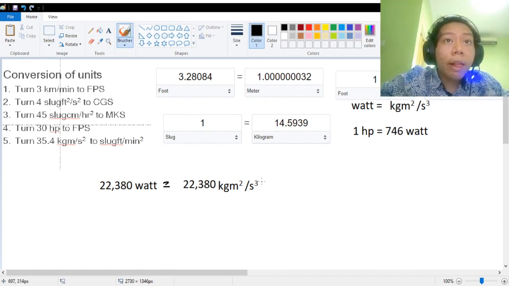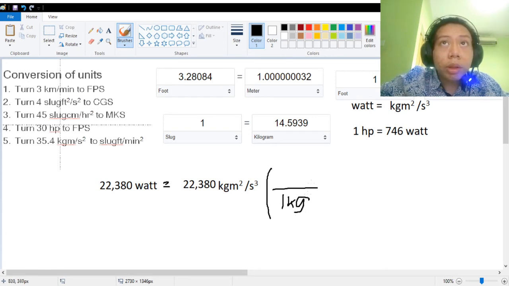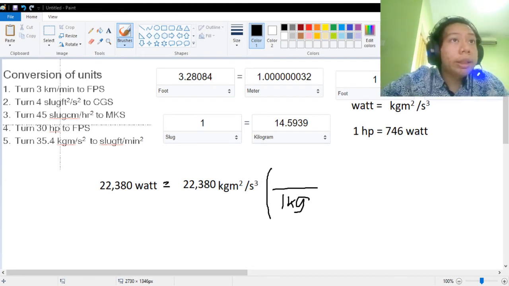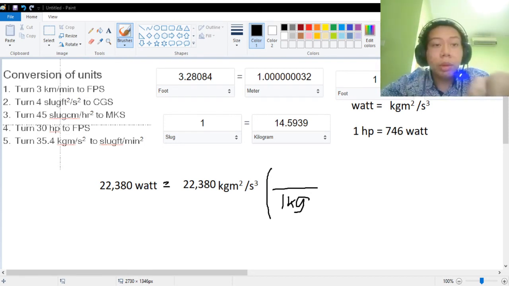So we have to cancel kilogram. So 1 kilogram, and 1 kilogram to slug is approximately 0.068.